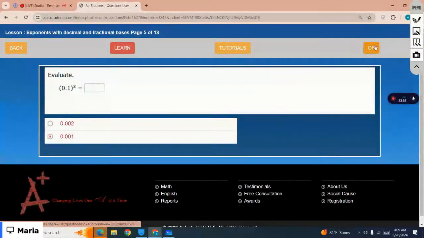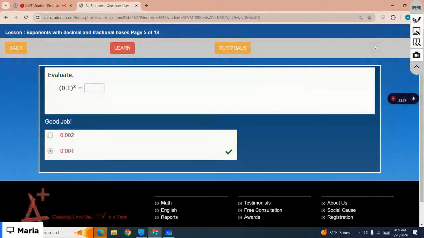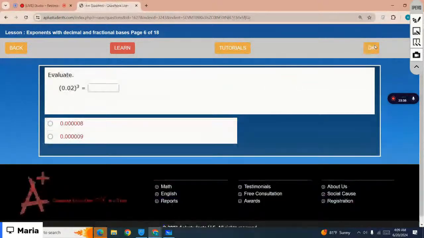Next, 0.02 exponent cube, which is the correct option?